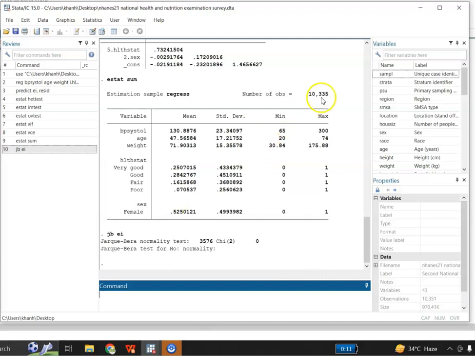But since this is cross-section data, and usually cross-section data do not suffer from autocorrelation or serial correlation, I didn't do that intentionally, but we can do that in my other videos. I think this is video number 109, in which I have used some technique to test for autocorrelation. So you can check that.